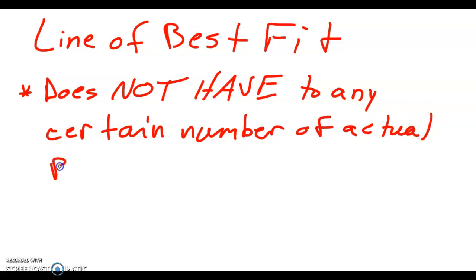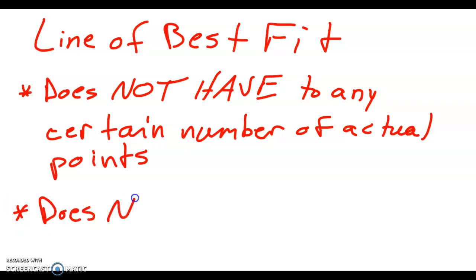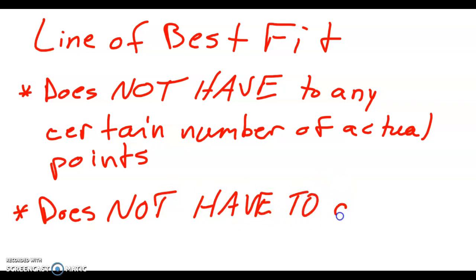Okay, so you don't actually have to hit any of those points. Your line of best fit might not come in contact with or go through any of the points that are already on the graph. It certainly does not have to connect all the points. 99% of the time it will not.